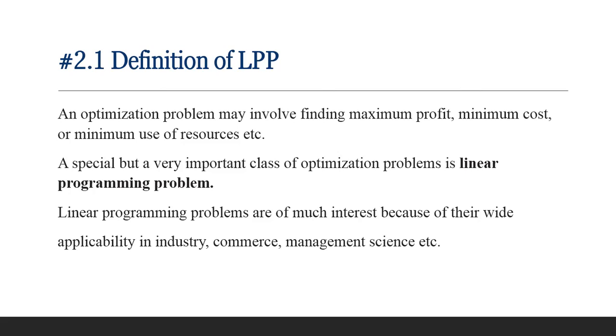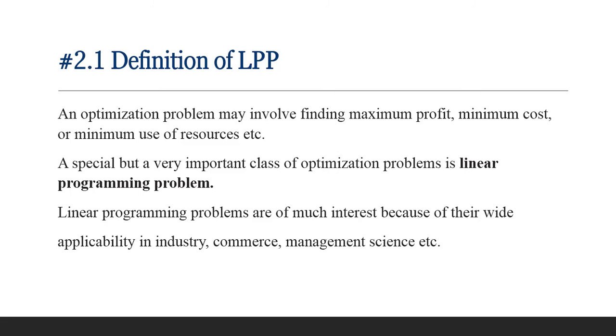An optimization problem may involve finding maximum profit, minimum cost, or minimum use of resources, etc. In Operation Research, we do some optimization problems, and LPP is also part of optimization problems, where we try to maximize the profit as much as possible.